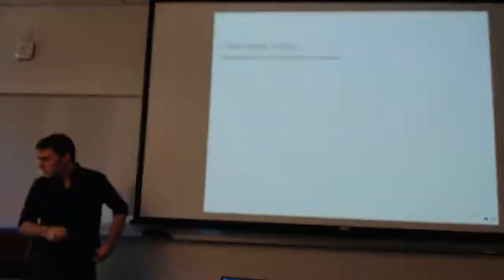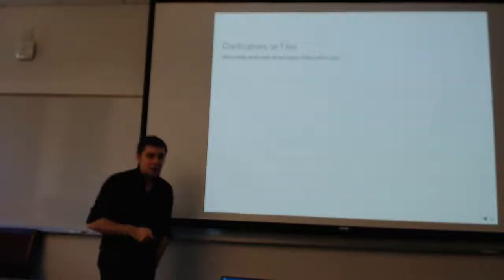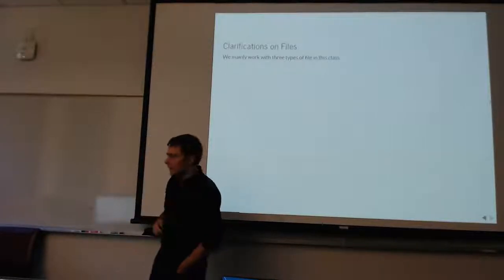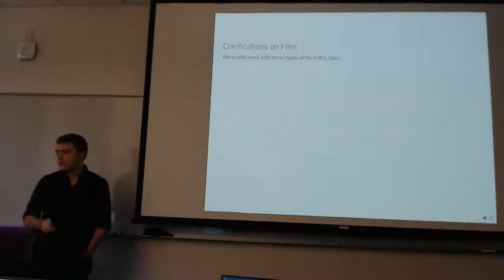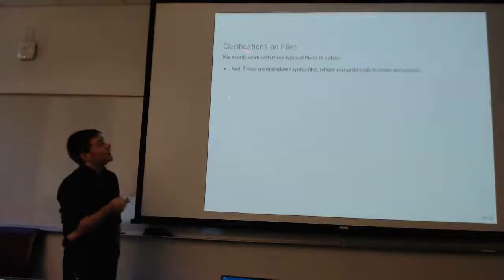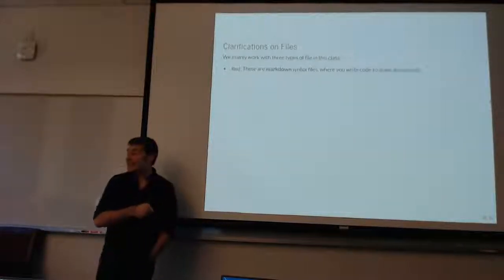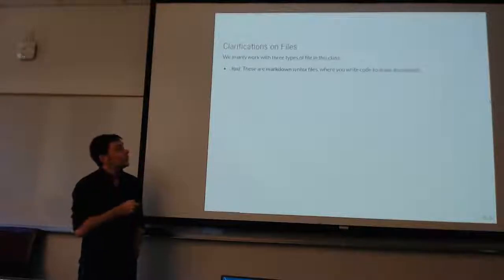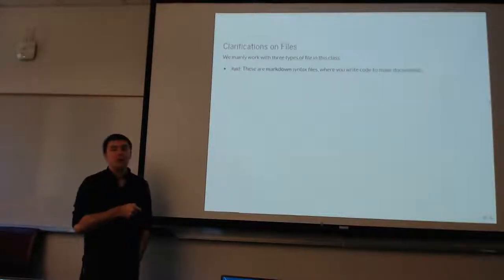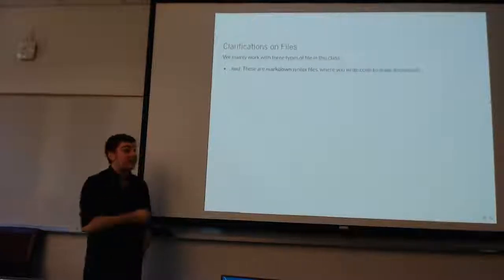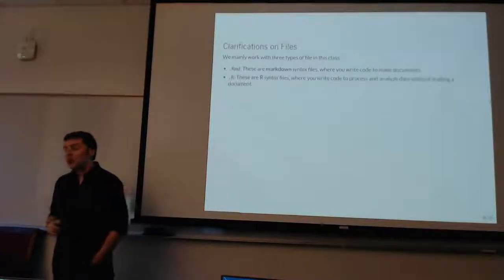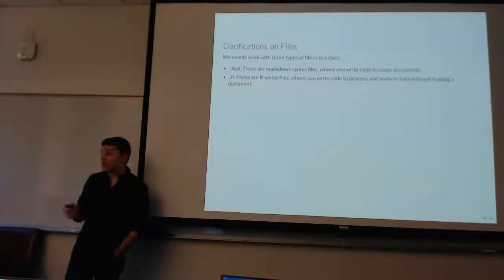Okay. And then just some clarifications on files, because I always get questions on this sort of thing. In this particular class, we're mainly working with three file types. We're working with .Rmd files, which are markdown syntax files. This is where you write code and text that you're going to use to make a document, right? So we work with markdown documents. You turn these in with your homeworks. There are .R files, which are R syntax files.